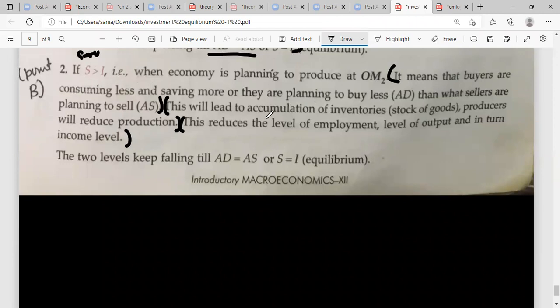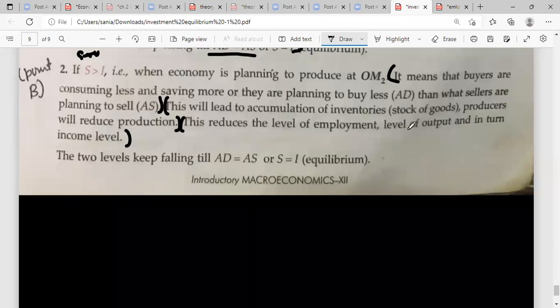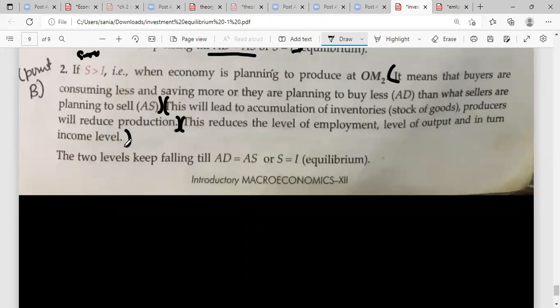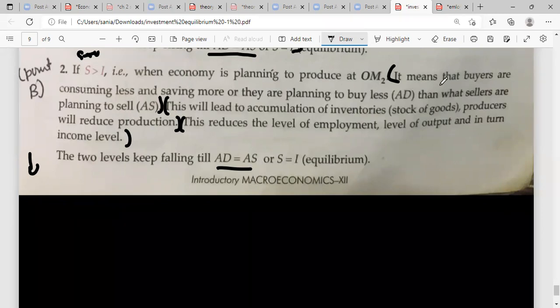When nobody purchases, accumulation of goods will be there. The producer will reduce production. This reduces the level of employment, level of output, and in turn income level. It keeps on falling till AD becomes equal to AS, or S becomes equal to I. Clear? It's the same thing, but the only difference is the line: buyers consume less and save more.